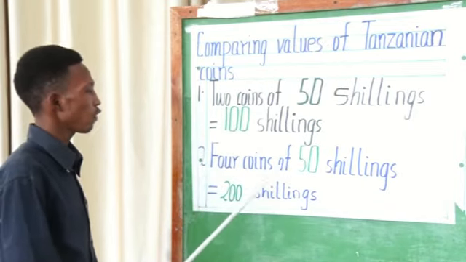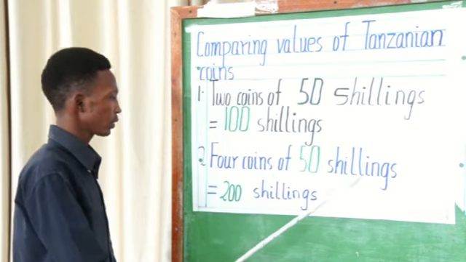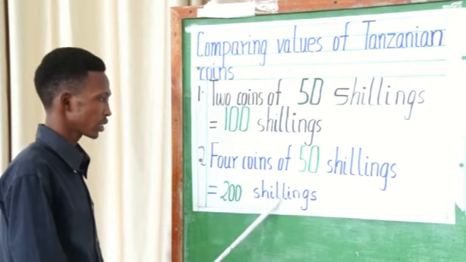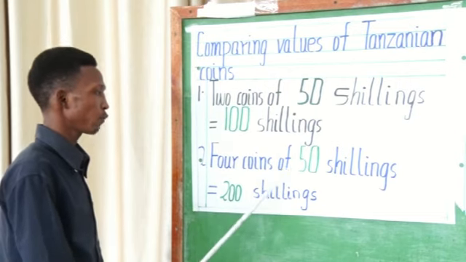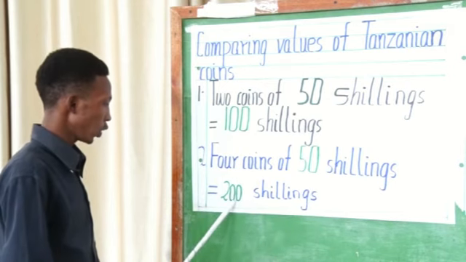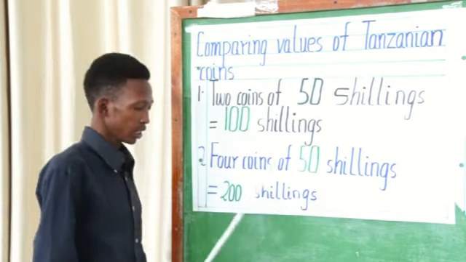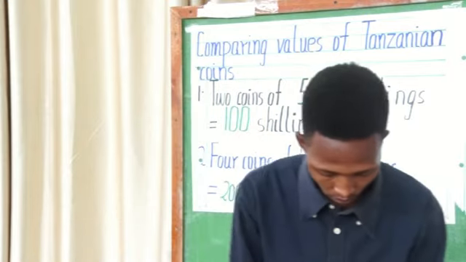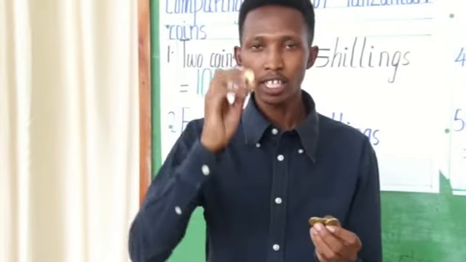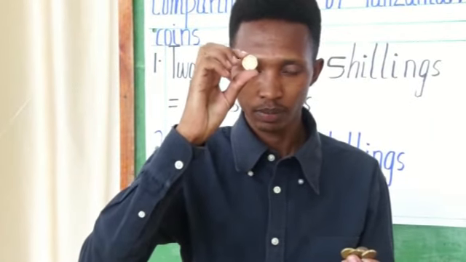4 coins of 50 shillings is equal to 200 shillings. This means when I have 4 coins of 50 shillings, this is the first coin of 50 shillings.